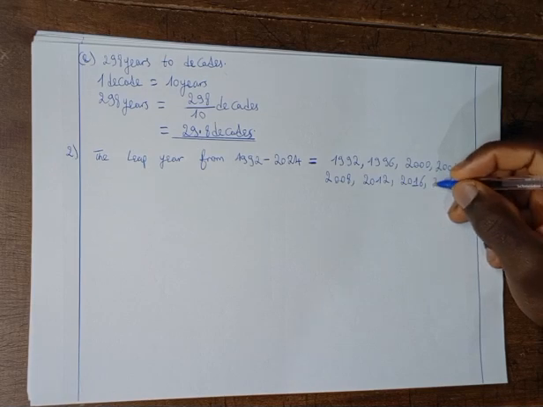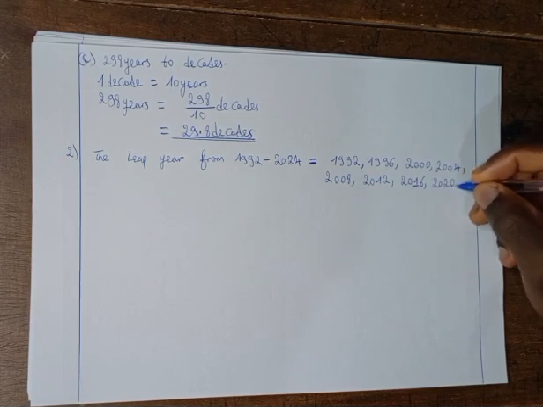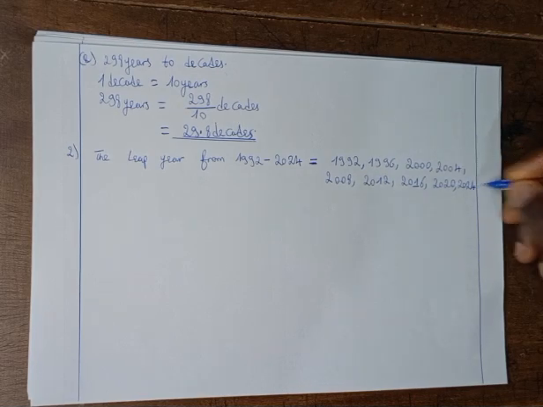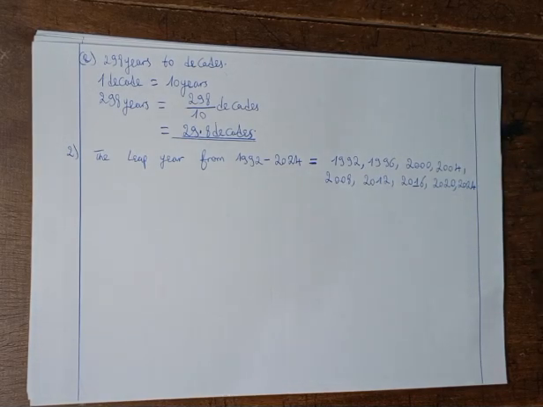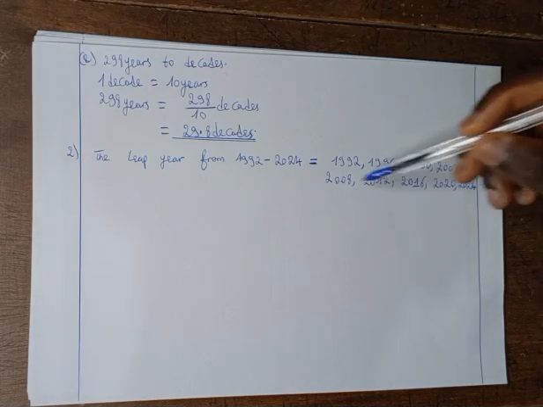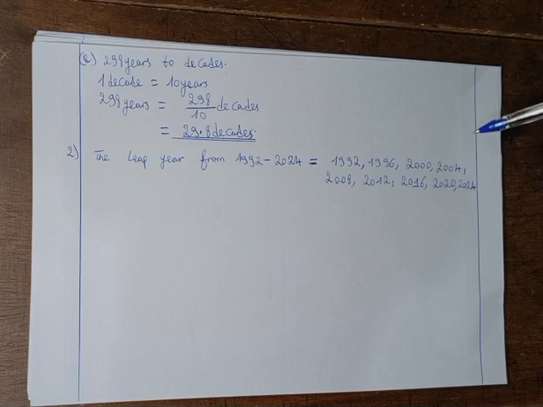Next we add 4, it gives us 2020. We add 4, it gives us 2024. So these are the leap years from 1992 to 2024. We have 1, 2, 3, 4, 5, 6, 7, 8, 9. We have 9 leap years.